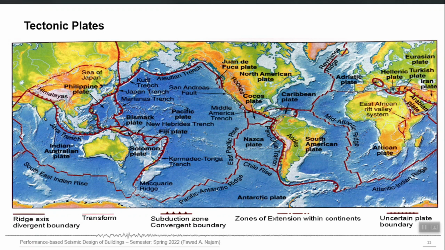So in this whole map, all the convergent plate boundaries are shown with this symbol, subduction zone or convergent boundary, the line with small triangles, and the simple line, this one zigzag line, is showing the divergent plate boundary or transform plate boundary, right.